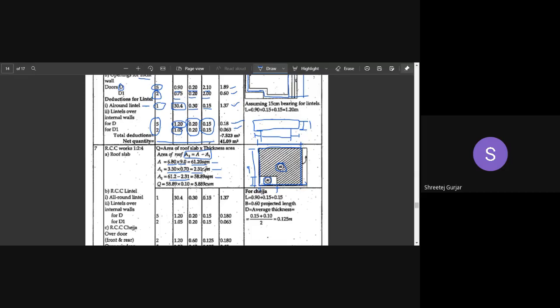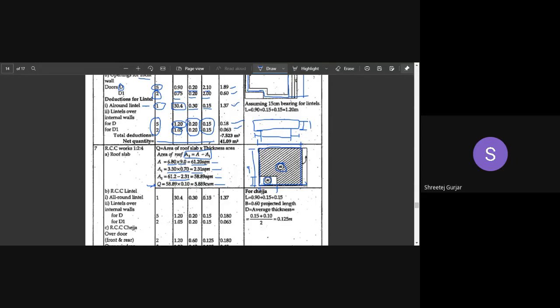So now calculating the quantity of roof slab, Q is equal to area into slab thickness. Area is 58.89 and the slab thickness is 0.1, so this is in cubic meters. 5.889 cubic meters is the volume of my RCC work in roof slab.